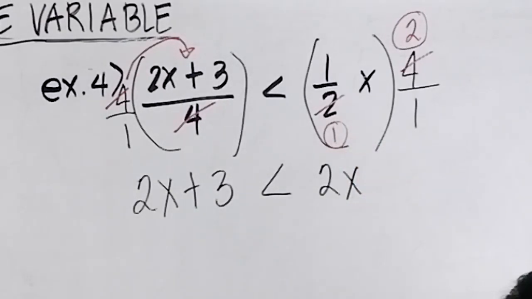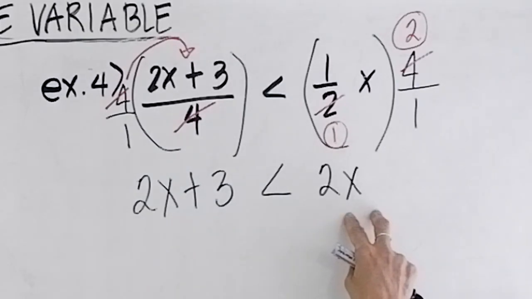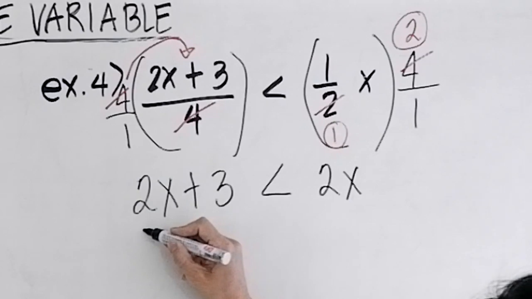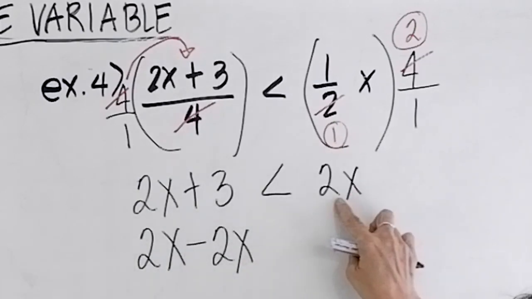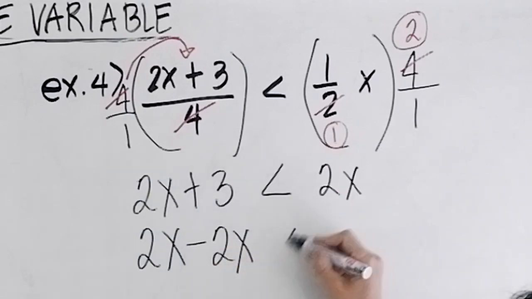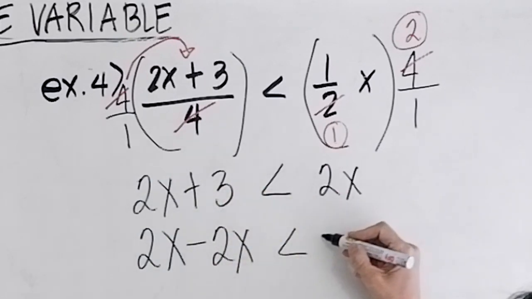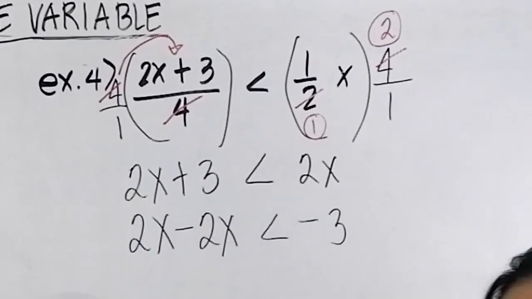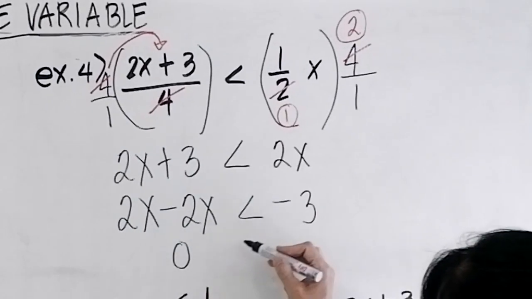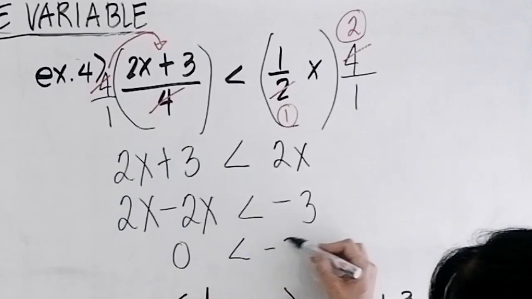Now, do you see that you have 2x on the left and on the right side? Let's proceed. 2x minus 2x, transpose this to the other side, is less than 3 transpose negative 3. What is 2x minus 2x? It is 0. Is less than negative 3.